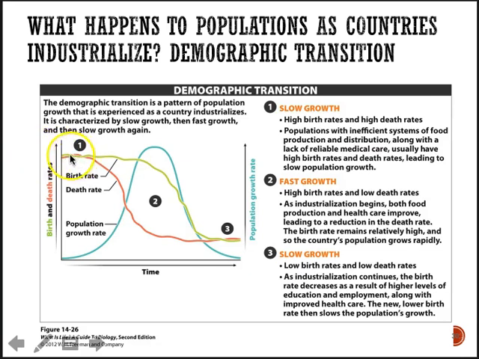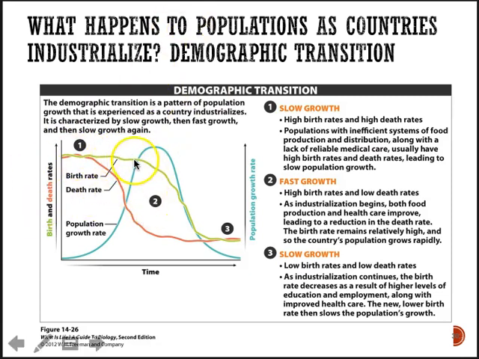So the first line that we're going to look at is the birth rate. What this is saying is that over time, the birth rate of industrializing countries stays high for a really long time. As they become more and more industrialized, cultural influences maintain that people want to have large family sizes, and so their birth rate stays high.